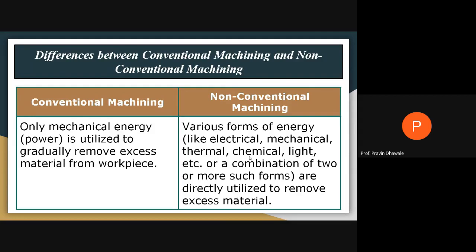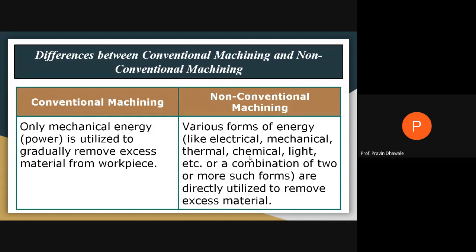Means, in case of a non-conventional machining process, all these processes are based on a certain kind of energy. It may be direct energy or indirect energy. Which are those? It may be mechanical energy, electrical energy, chemical energy, thermal energy, or a combination of any two energies in order to remove the excess material directly from the workpiece.